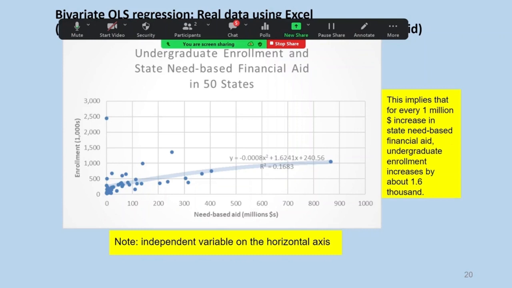And this is the equation that we would use for curvilinear. So we would have the x, but we also have the x squared. When we use this, we can fit these data points and have the best fit for them, but it curves.